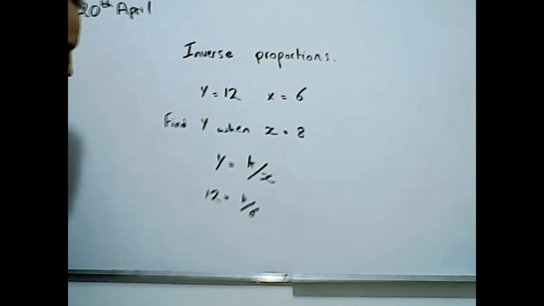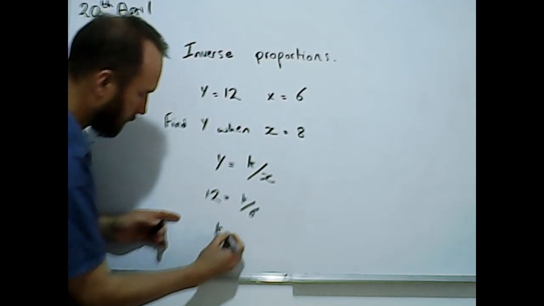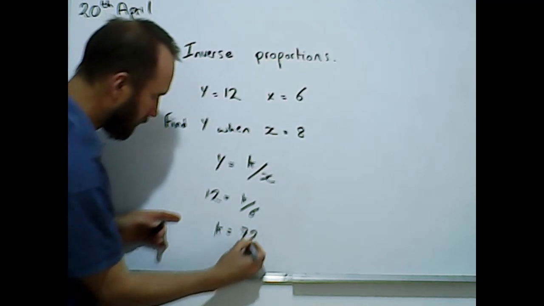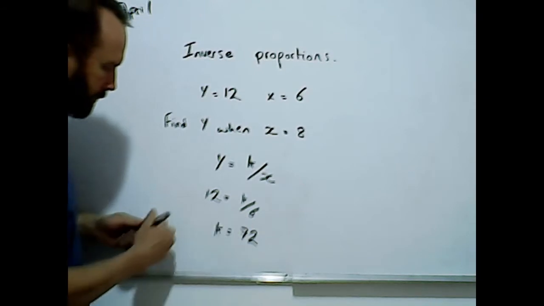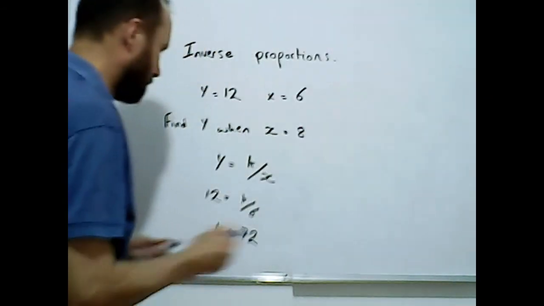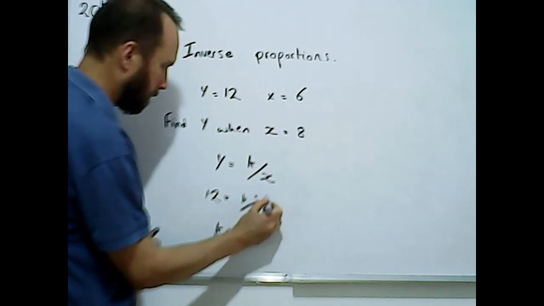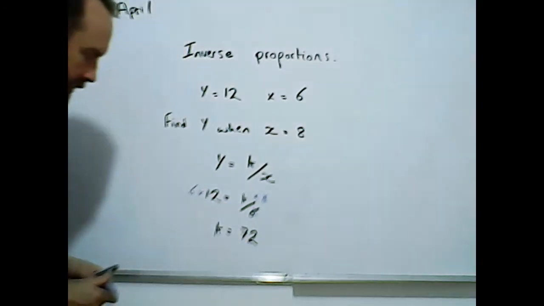So we multiply that out, we just times by 6 here. Those cancel out there. We have 6 times 12. We've got 72, so k equals 72.